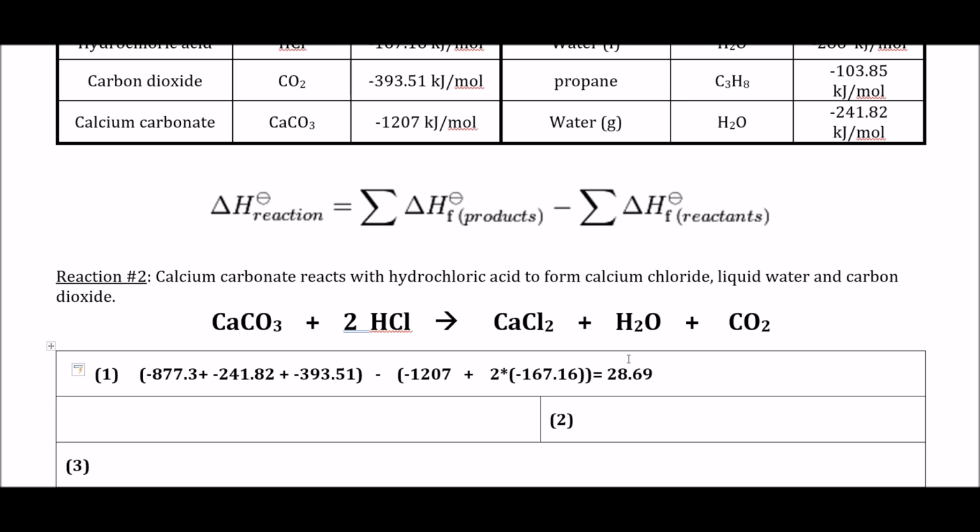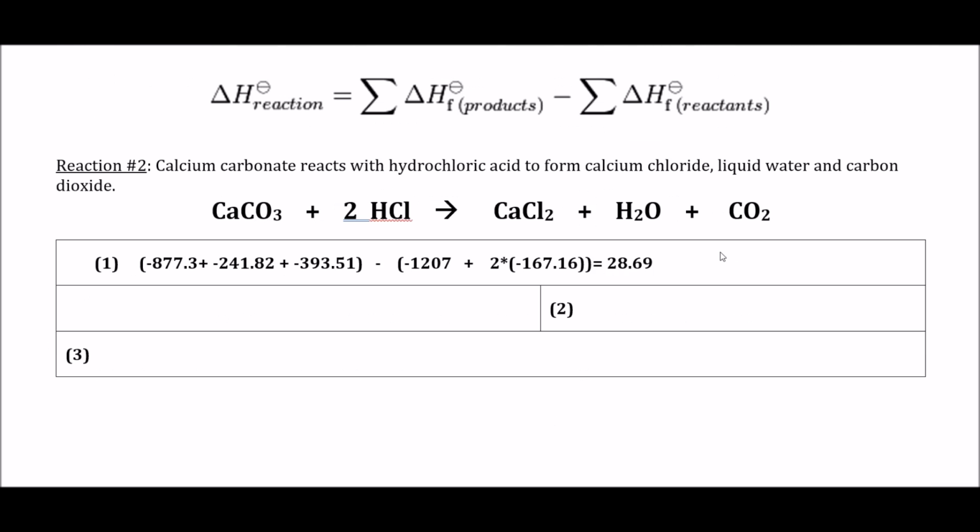So what that means is that this will actually absorb energy when it goes forward. Since we've got a positive 28.69, the next part is to determine if it is endothermic or exothermic, and since it is positive, it is going to be endothermic.